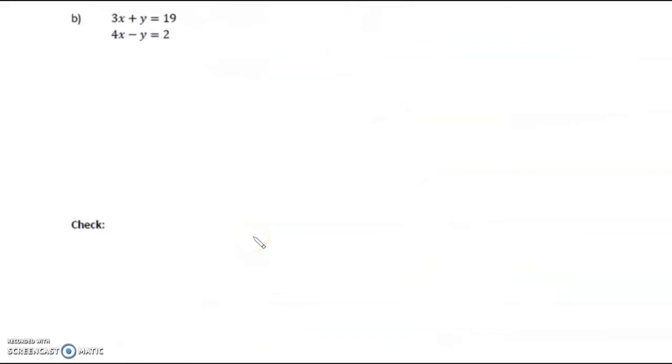Okay, B asks us to do the same thing. So taking a look at B, the y's have the same coefficient. They both have the coefficient of 1, except for the first equation we have 1y, and the second equation we have negative 1y. So we can still work with this to eliminate.